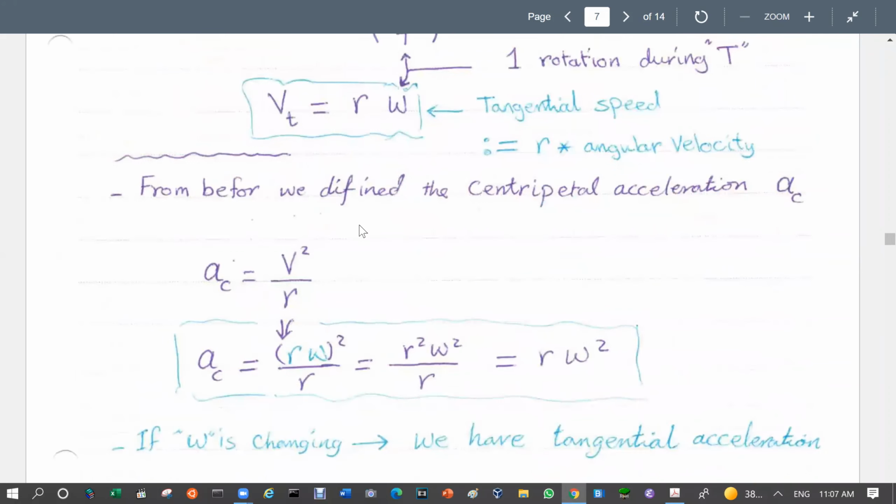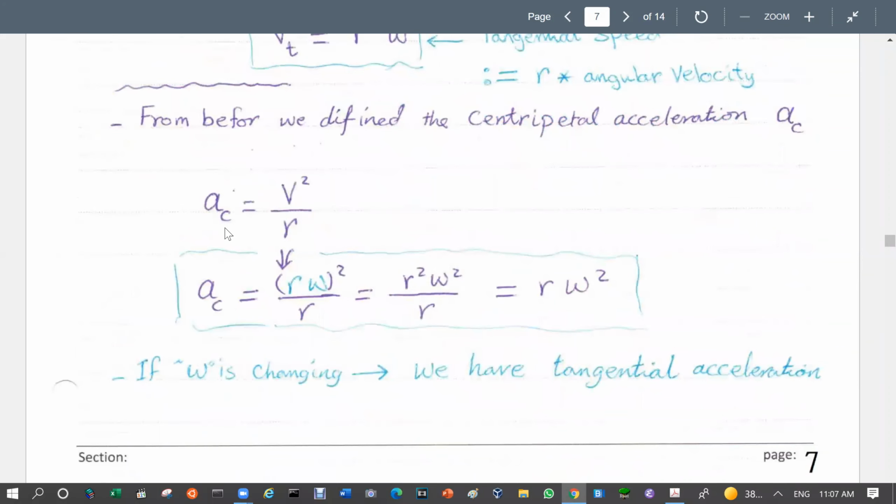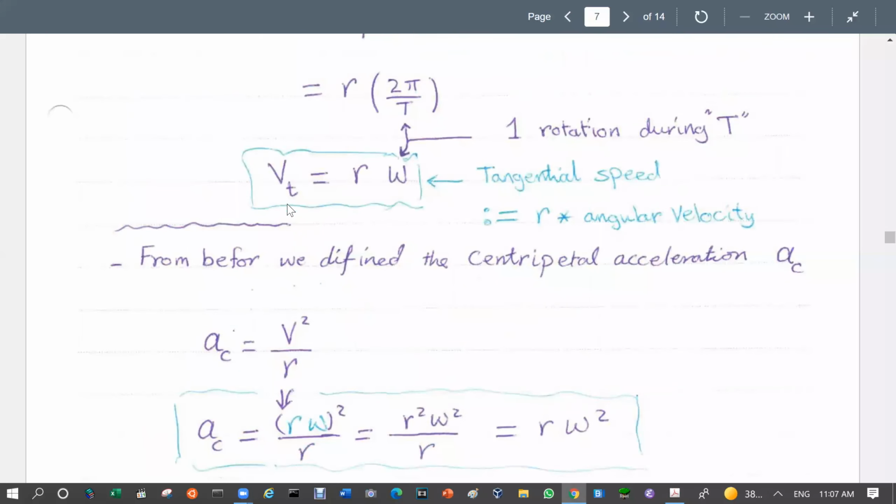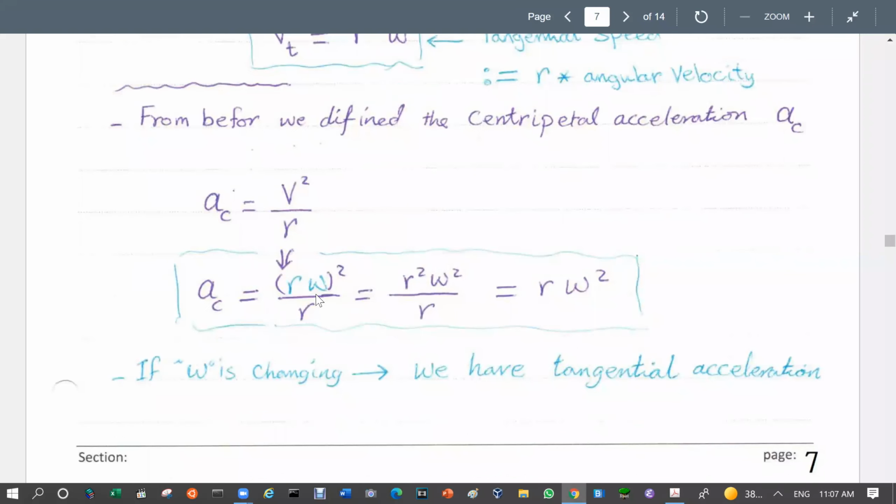We know from before, we have the radial acceleration or centripetal acceleration, which is V squared over R. Now we will talk about the acceleration. We have it, V squared over R. V is the same as this V, which is the tangential velocity. V squared is R squared omega squared, like this.